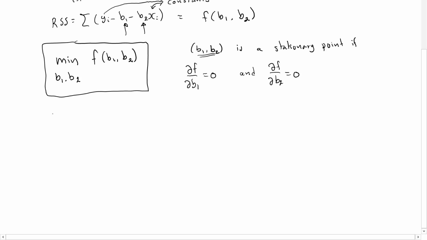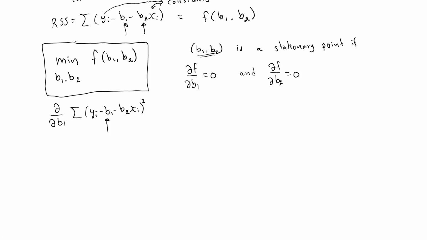So I need to differentiate with respect to b1 f of b1 and b2. And f of b1 and b2 is given by the sum of this expression. Keep in mind, when I want to differentiate this expression with respect to b1, all the focus is now on this one. All other symbols in this expression should be treated as constants. Just think of them as numbers when you do this partial derivative.